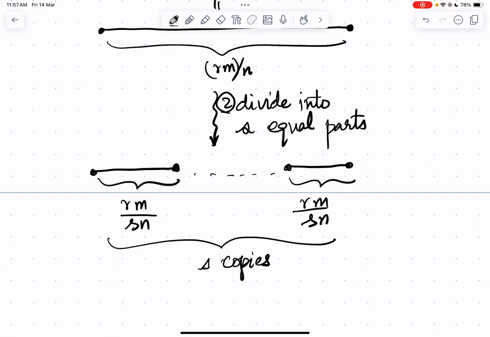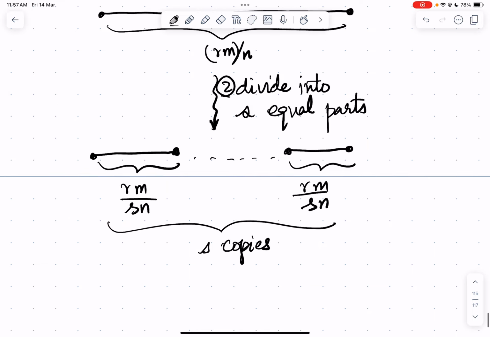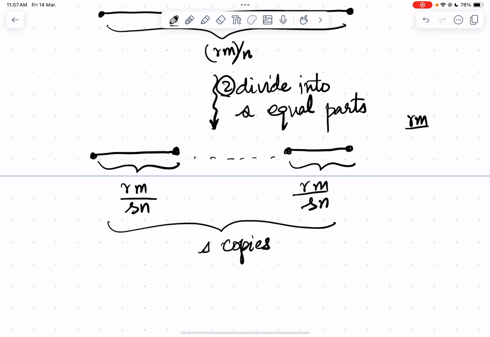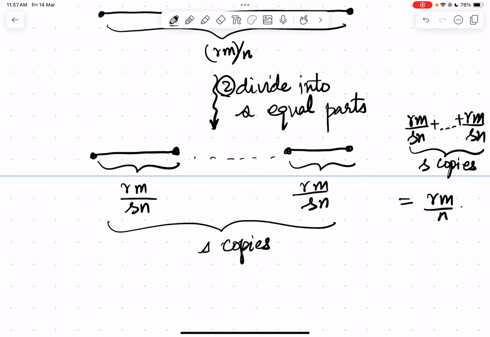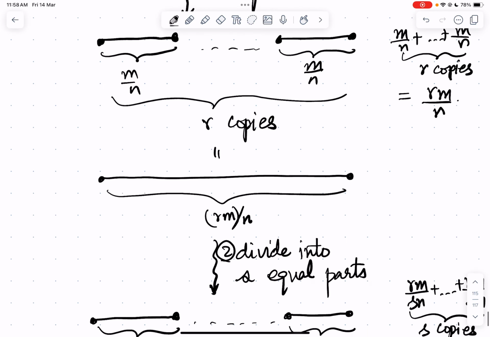This is because if we add this number s times, we get rm by n, the original length. Hence first we took r copies of length m by n, we got length rm by n.